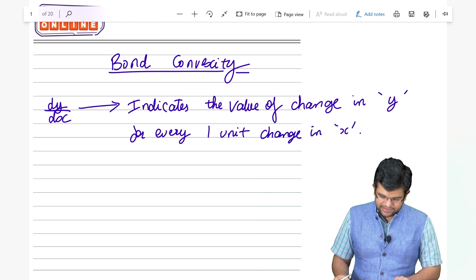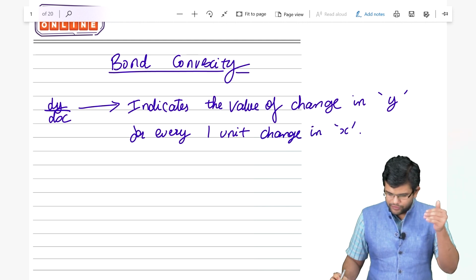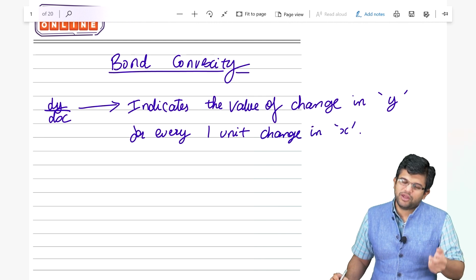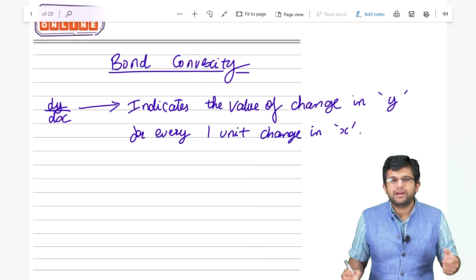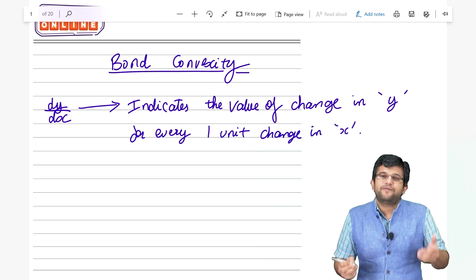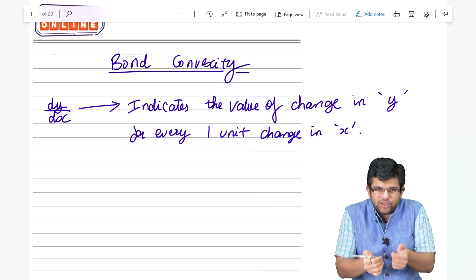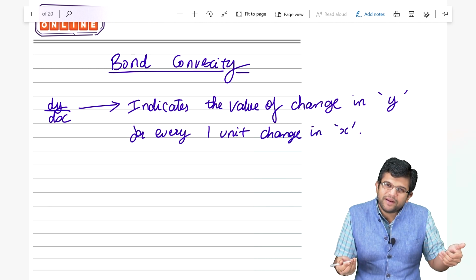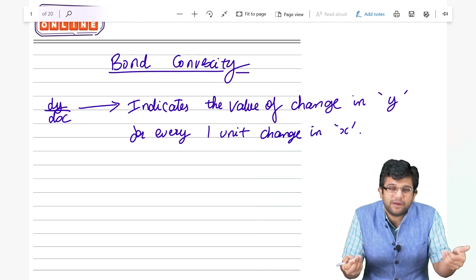Dy by dx indicates the value of change in the variable y for every 1 unit change in x. Now children, do you all understand that for y to change due to a change in x, there has to be a relationship between x and y, there has to be an equation between x and y.